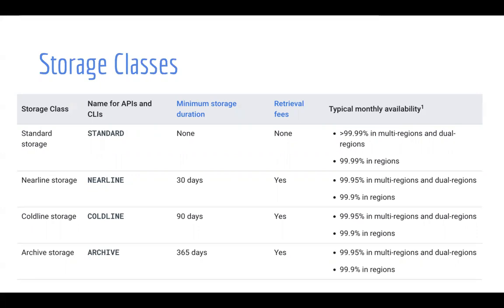Unlike standard, that is always accessed. With archival, you are charged the lowest for keeping your data there, but then to retrieve it, that's when you pay. It's not quite much, depending on the amount of data you're storing. That's where you pay higher for that one. Oh, okay, I get it now. Thank you. Yeah.